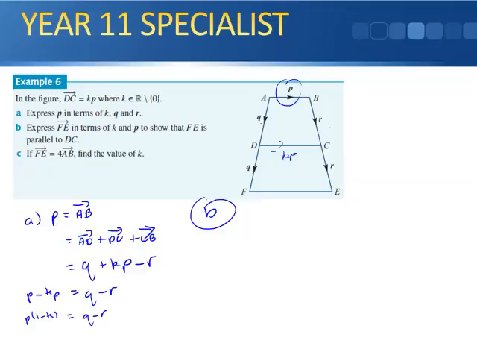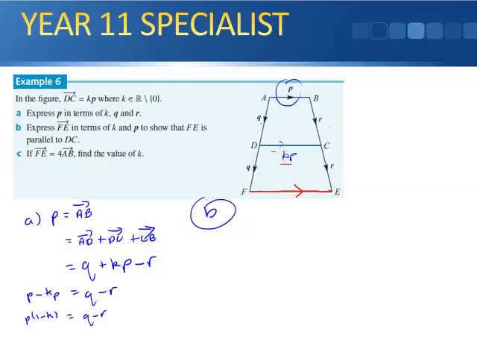Part B, express FE. F to E is that line there. I'll do it in red. In terms of K, P, which is that P up there, and to show that FE is parallel to DC. Okay, so I'm going to do it like this.